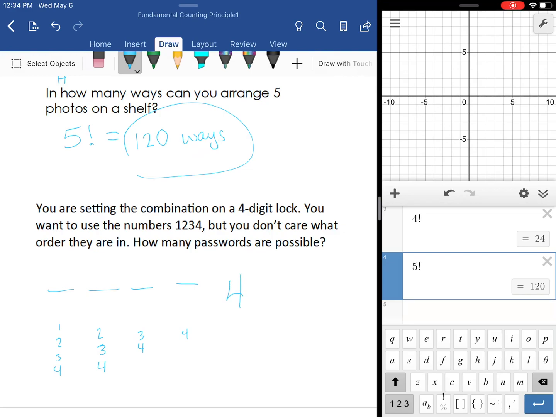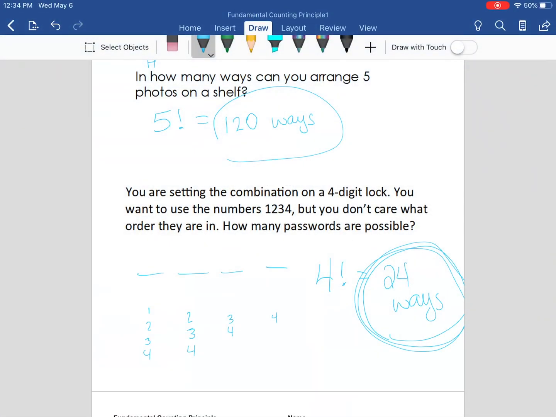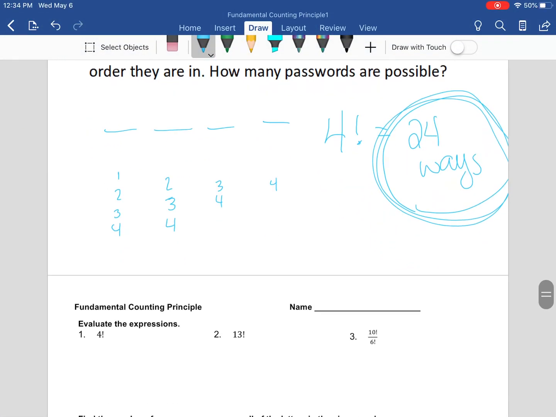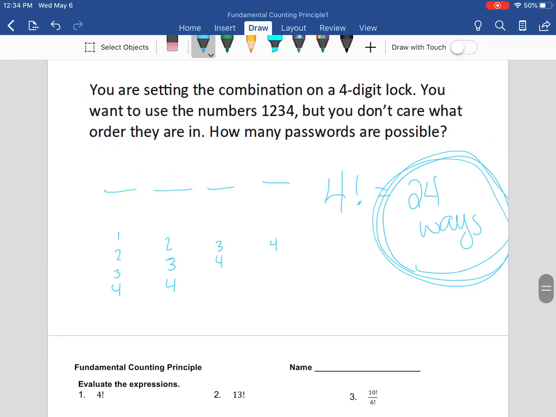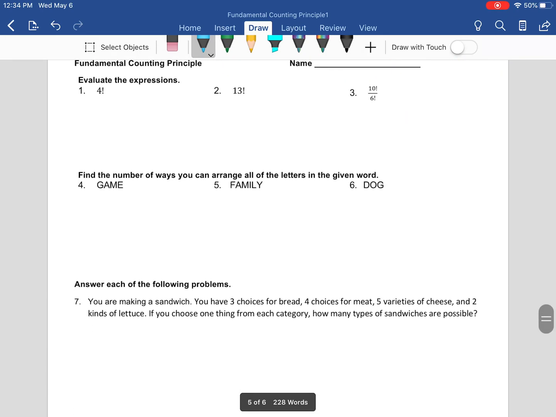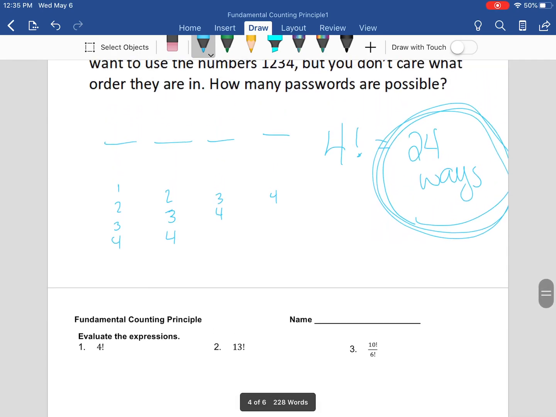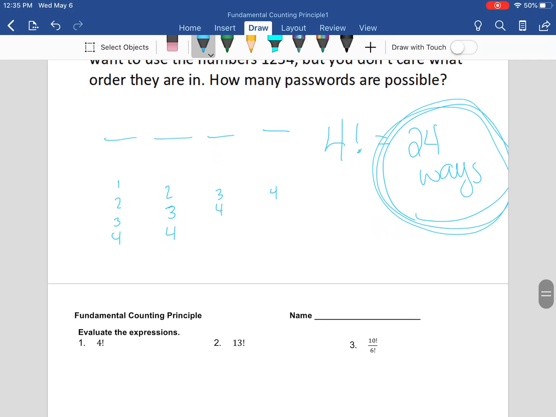Since there are 4 numbers we're using, it would be 4 factorial, and 4 factorial, if you recall, tells us that there are 24 different ways to make a 4-digit password with the numbers 1, 2, 3, 4. So looking at our fundamental counting principle and our factorial, we just use them to figure out the number of possibilities. That's all that's happening here, figuring out the number of possibilities. So here's your assignment. Make sure you complete it and then submit it into Schoology.